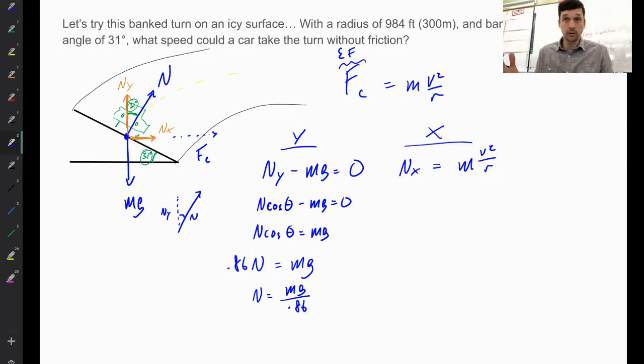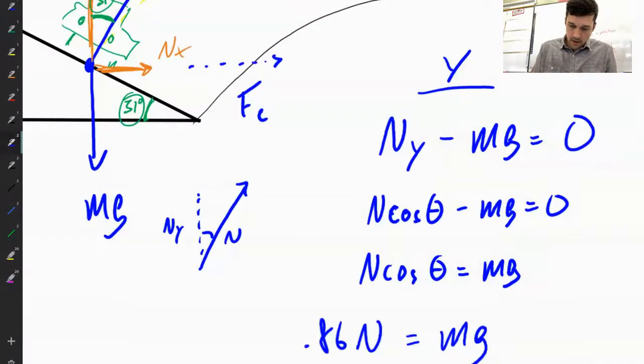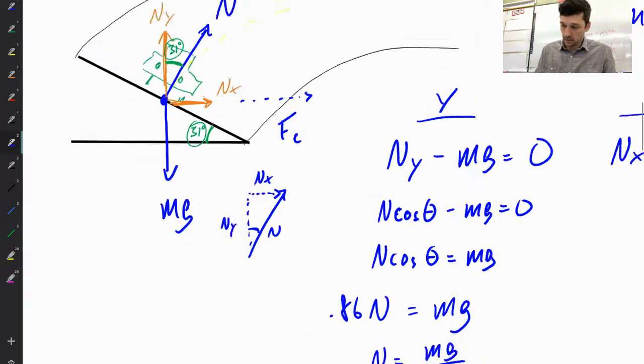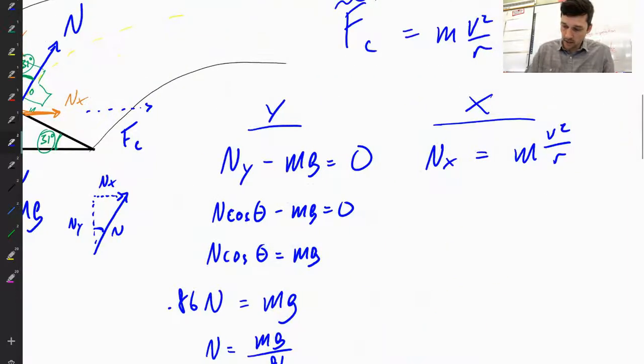In this case, there's only one, the normal x. So since the normal force is being measured against the vertical, the opposite side of that triangle is going to give us the normal force in the x direction. So that's going to be sine. So normal times the sine of theta equals mv squared over r.